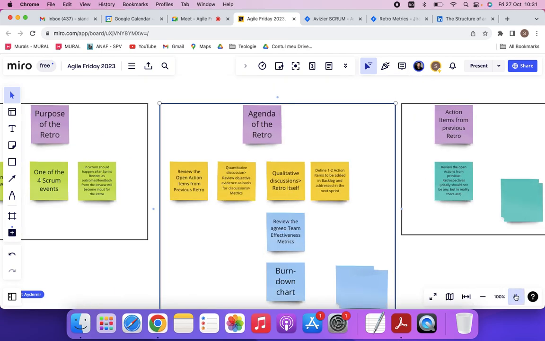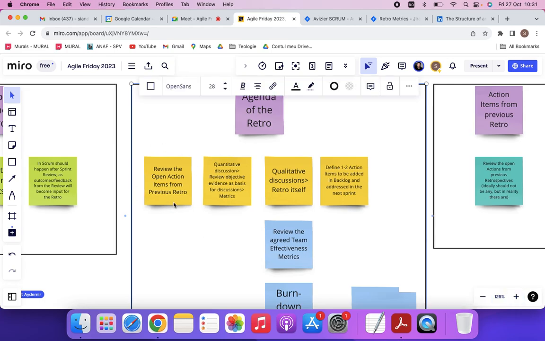So, the first topic which should be on the agenda: we should start with the open action items from the previous retrospective. Ideally, when you define them, and you should define one, maximum two action items per retrospective, not more, they should be planned in the next sprint or the next iteration, or in the next period if you are doing Kanban.